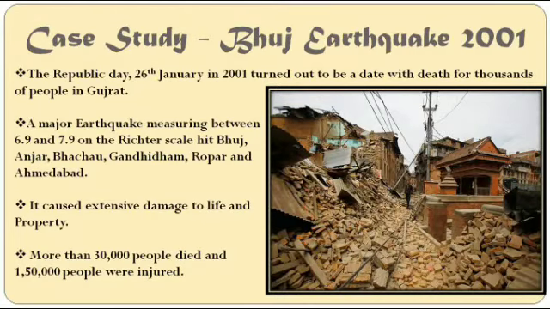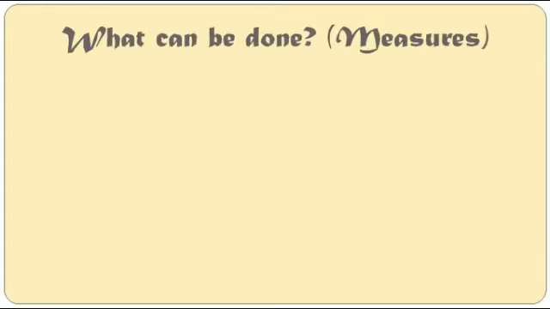That's why the effect was on a larger scale, and so it caused extensive damage to life and property. More than 30,000 people died and 1,50,000 people were injured during this earthquake. So it was a really very sad time during Republic Day.